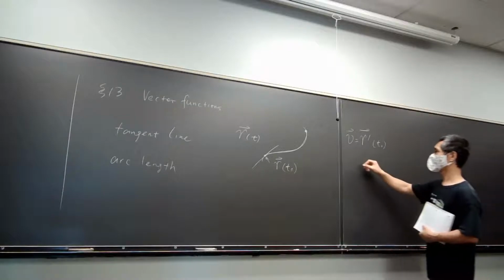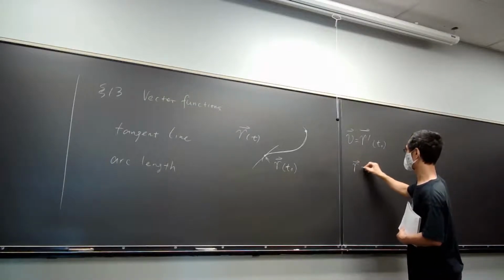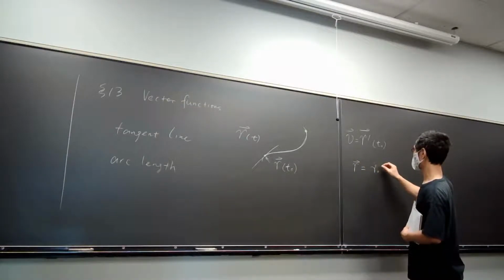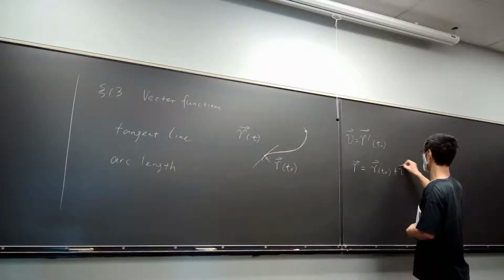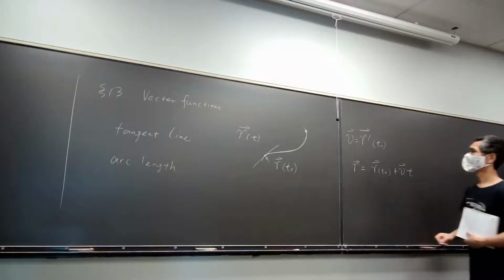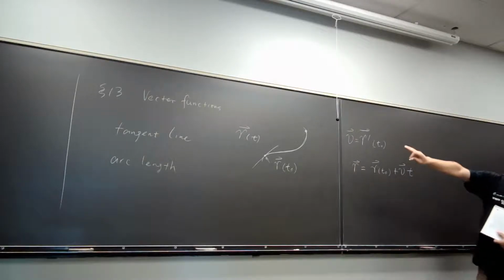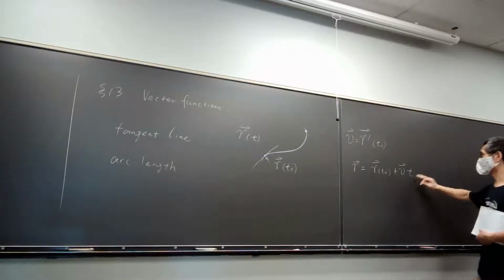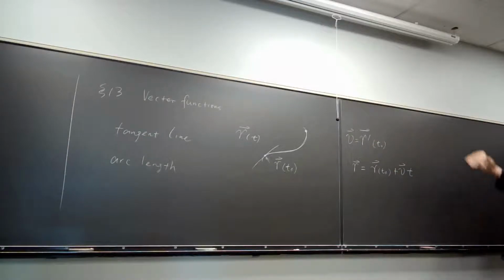And the equation for the line is r t naught plus t v. But this t is not that t. That t is for the curve. This t is the parameter for the line.